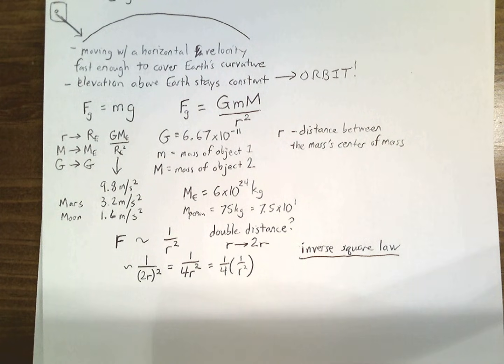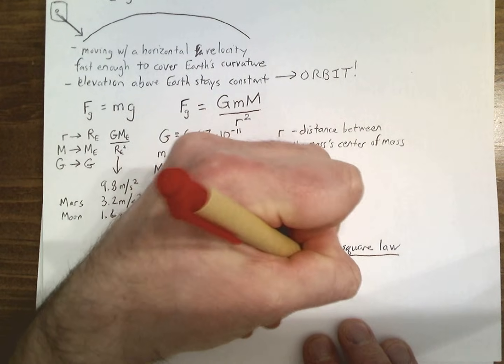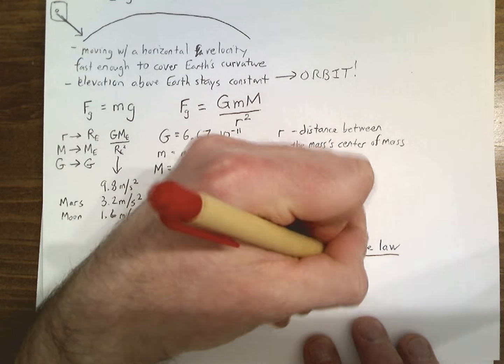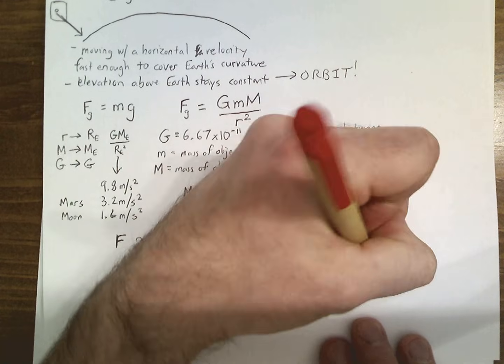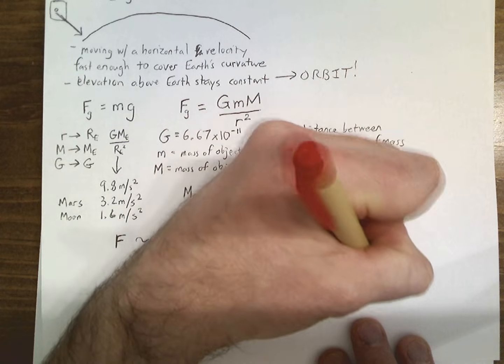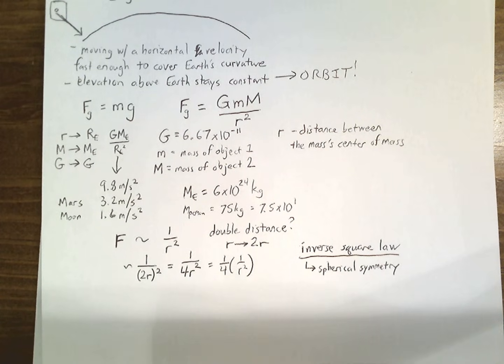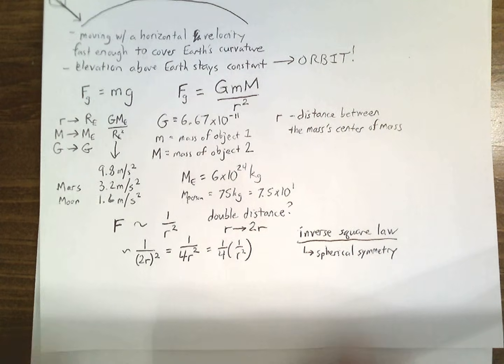If you're doing anything with sound intensity, moving away from the source of a sound, you'll see an inverse square law. Really what it happens to do is secretly spherical symmetry. Planets are spherical. Electric charges are spherical, and if a sound is emitting equally in all directions, it will also be spherically symmetric. So we see a lot of r squares when things kind of look like spheres.